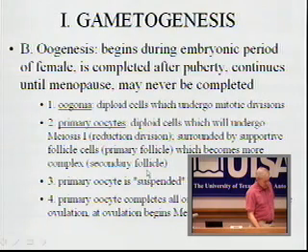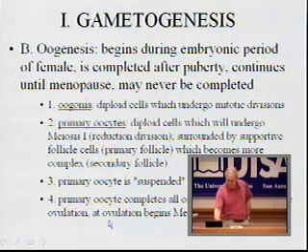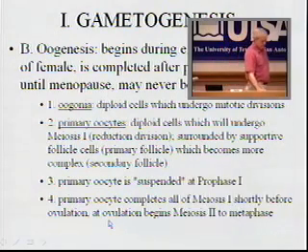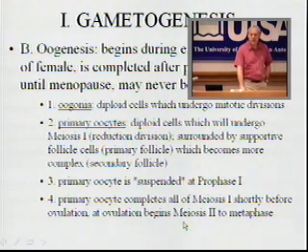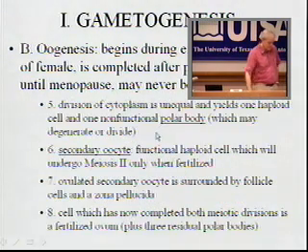So this oocyte is suspended in prophase 1. Primary oocyte completes all the meiosis 1 shortly before ovulation, and then at ovulation begins the meiosis 2 division to metaphase. So as the follicle develops, meiosis will proceed.